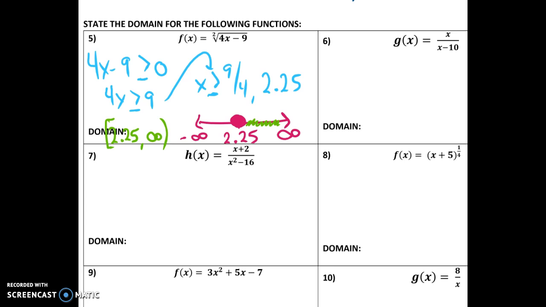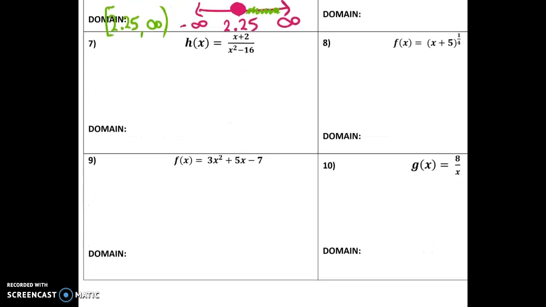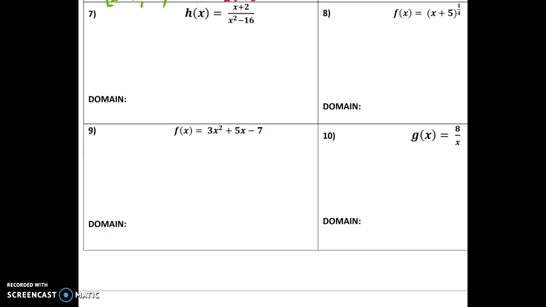So let's take a look at 7. On 7, I run into an issue because, again, if I wanted to graph this, I've got a denominator, and I can't divide by 0 in the denominator. So what I can do is take the denominator, and I told my students we don't want it to be 0, so we're going to say it can't equal 0, and I'm just going to solve for x. So there's two ways.